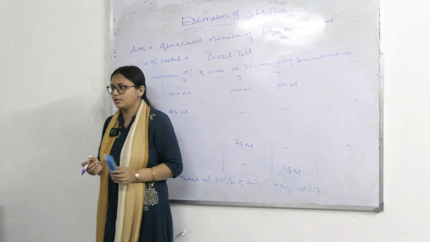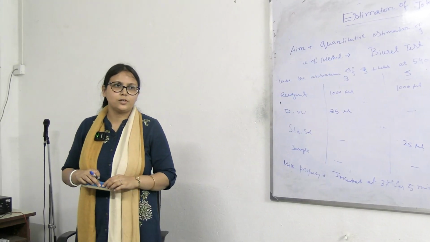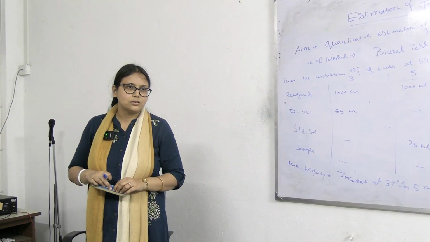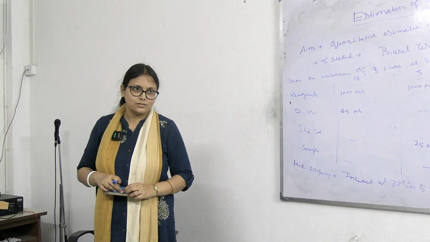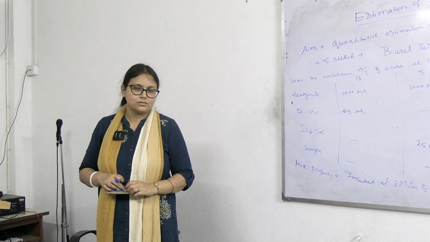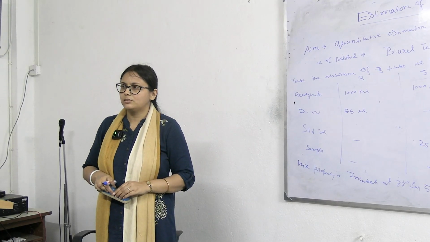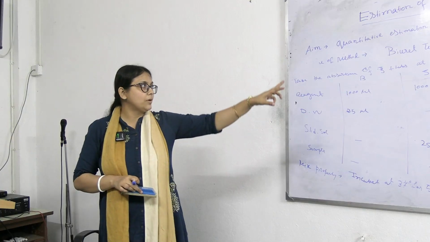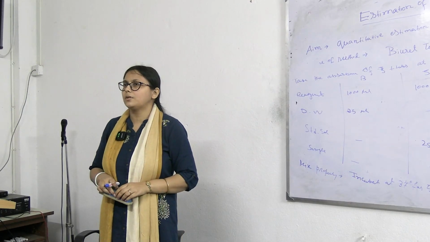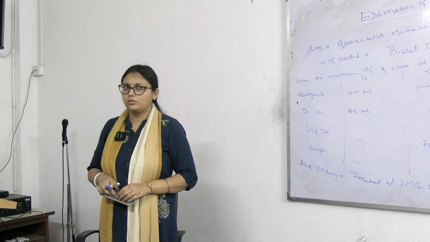What is the difference between a spectrophotometer and a semi-auto analyzer? What is the principle of the semi-auto analyzer? It is basically a colorimeter.